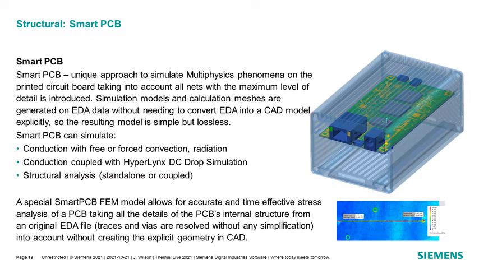But the smart PCB extends it to structural analysis, either thermomechanical stress, like coupled with the CFD, or standalone, just a structural analysis based on this smart PCB that's using that material map definition, that kind of nodal network topology. So it uses that nodal network topology to define its mesh, and that's unique technology recently introduced that I'd like to spend a little bit of time talking about, how that could benefit the thermal designer.